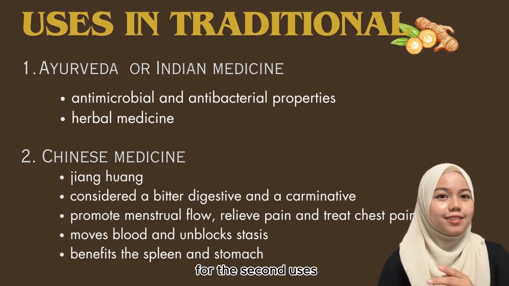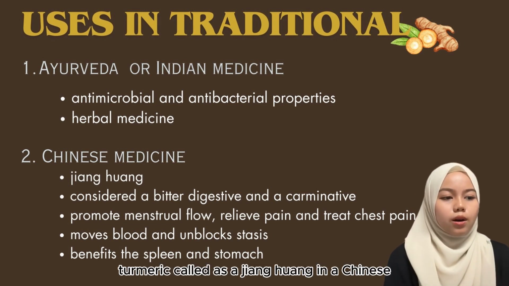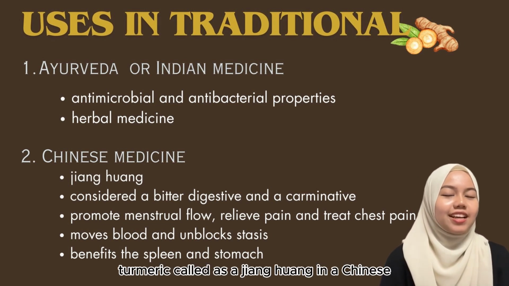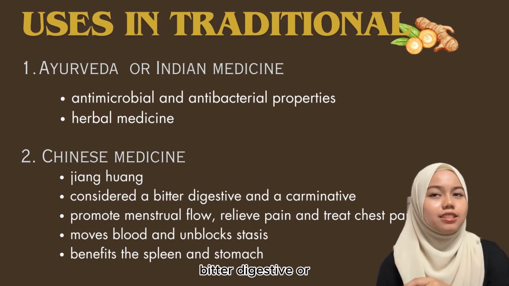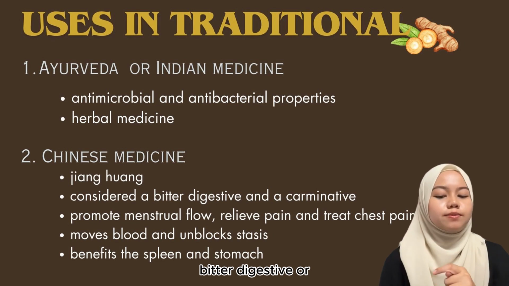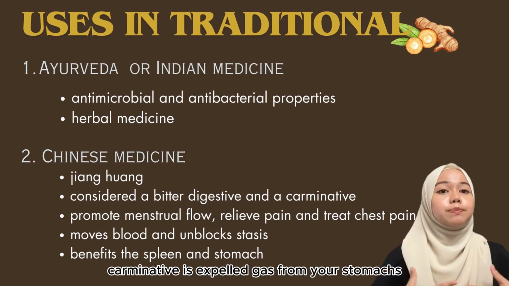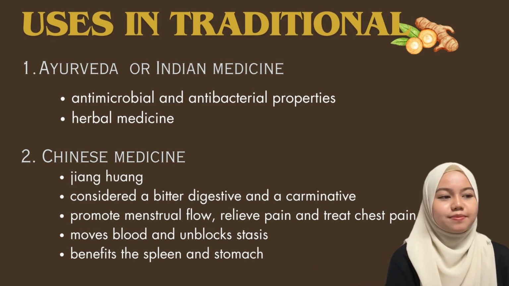For the second use in traditional is Chinese medicine. Turmeric is called jianghuang in Chinese, which is considered as bitter, digestive, or carminative. What is carminative? Carminative is expelling gas from your stomach or your intestines.